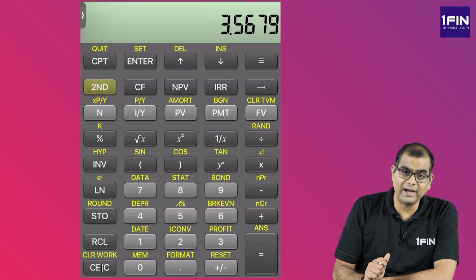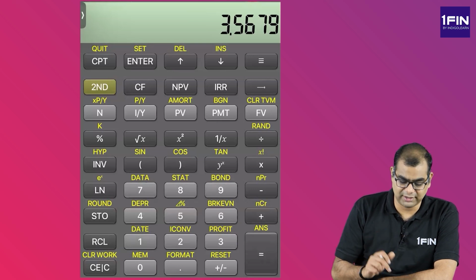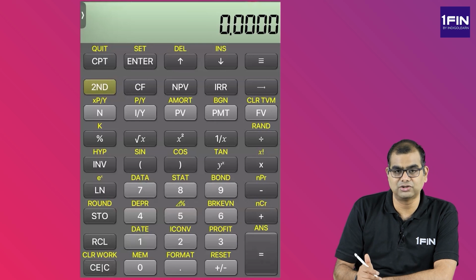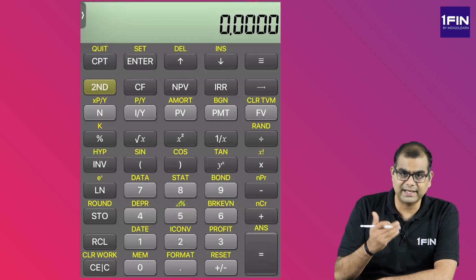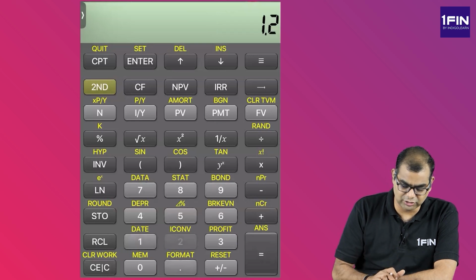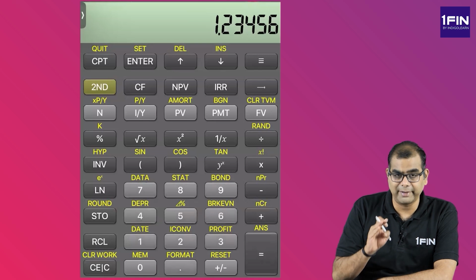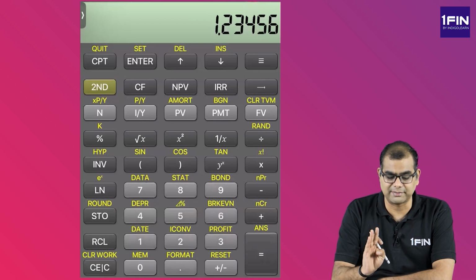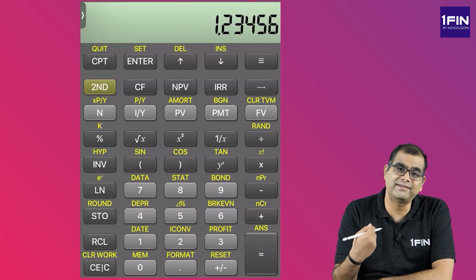Now, what happens in this is, let me take a very simple number, 1.23456. My calculator right now is in 4 digits of decimals, but I have entered a 5th decimal. Now, if I don't do round off, this number gets saved as it is.